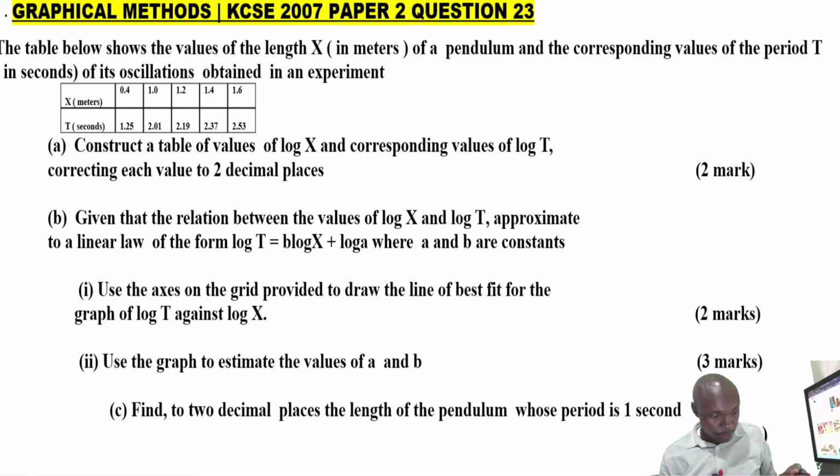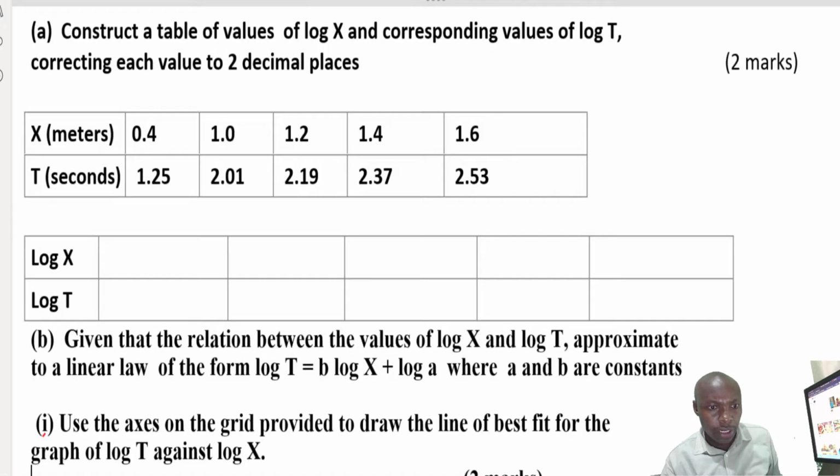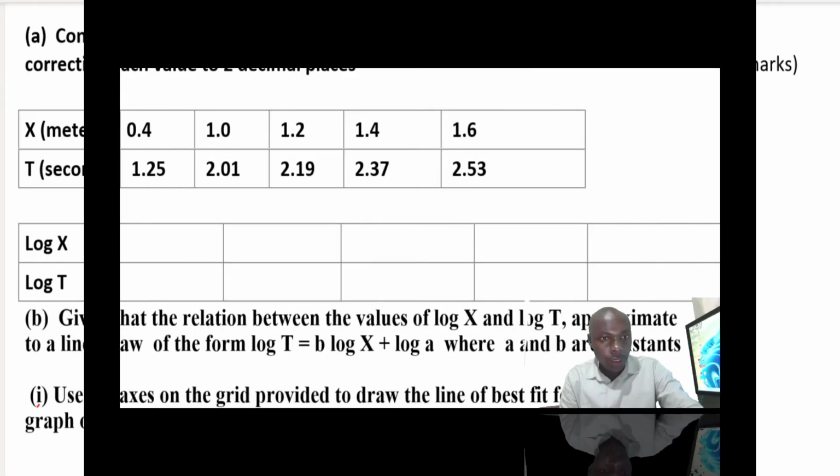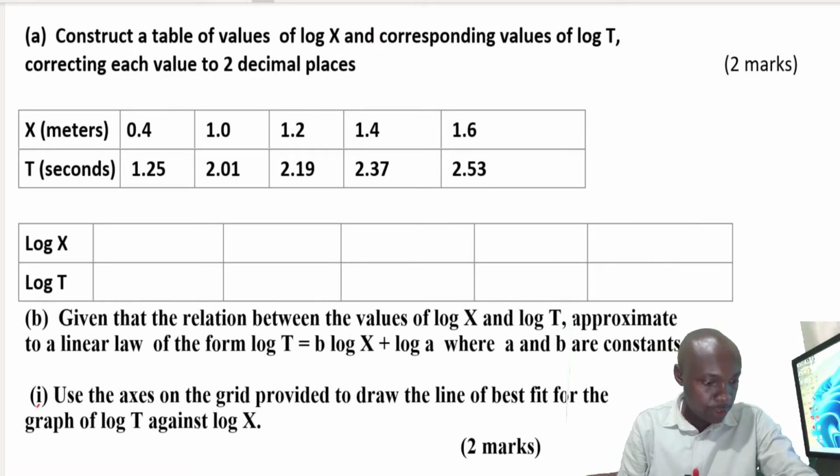That's the question. So let us go direct to the first part of the question, and that is constructing a table of values of log x and corresponding values of log t, correcting each value to 2 decimal places.